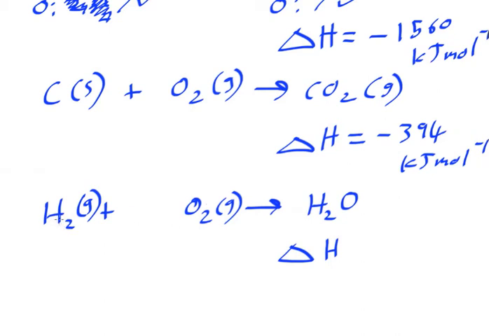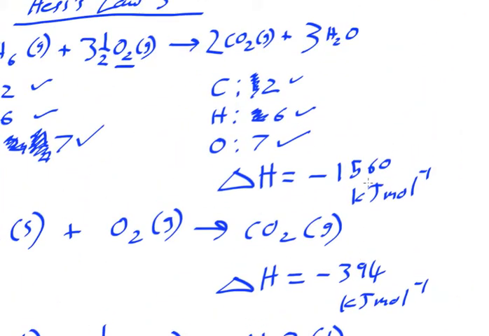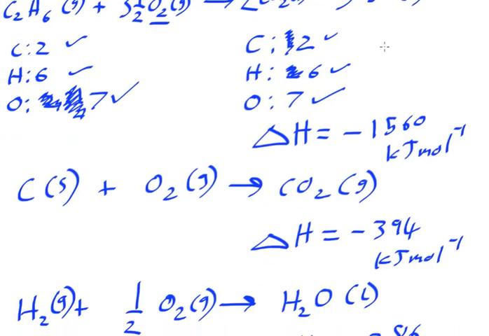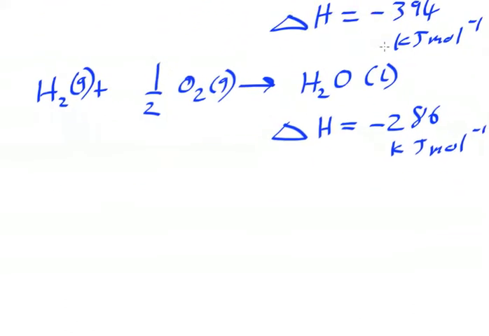So I've got 2 hydrogens on the left-hand side, 2 on the right, so that's okay. But there's only 1 oxygen on the right, but 2 on the left. So I'm going to balance that, putting in a half. And the delta H value is equal to -286 kilojoules per mole. All these waters, by the way, are liquids. So let's just make sure that they're in place. Okay, so that's information given in the question.